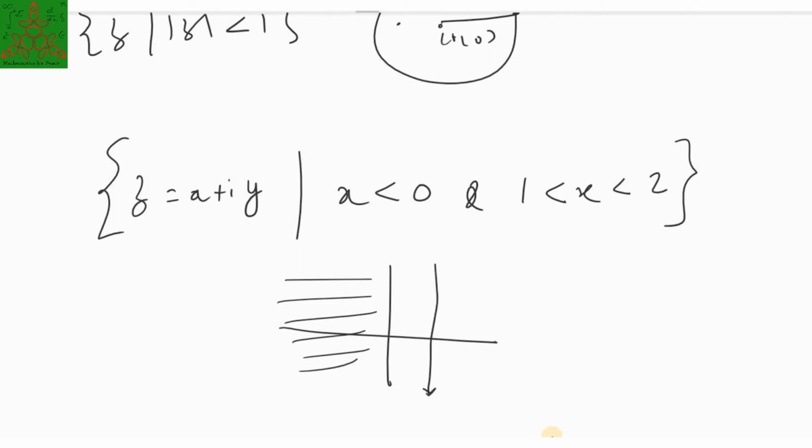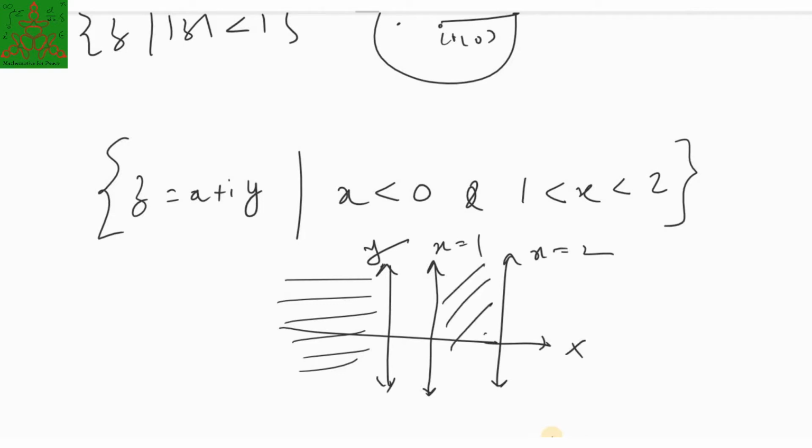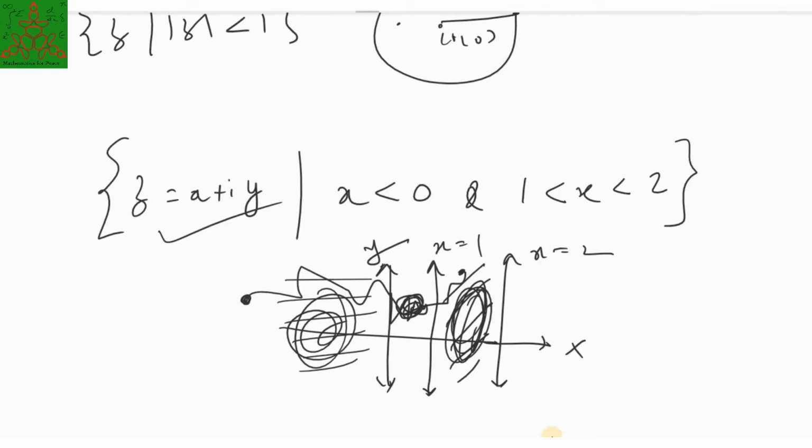So what is this set? x less than 0 means this portion. x between 1 and 2: this is x equal to 1 and this is x equal to 2, and this is your y axis, this is your x axis. This set consists of these points here and the points in this strip. Now if you have one point on this side and one point here, and you try to join them by a polygonal line, then this portion does not lie inside the set S. That's why this set S is not connected.